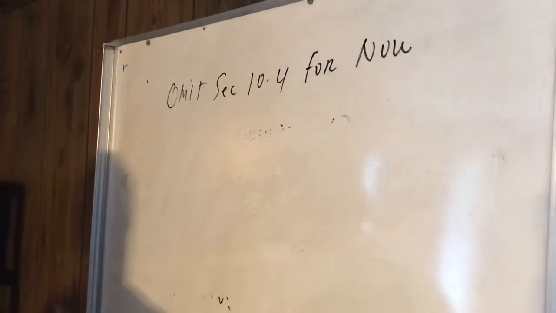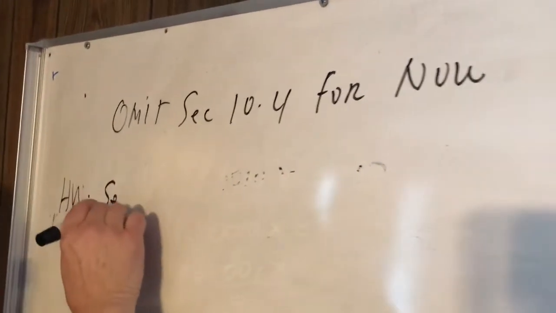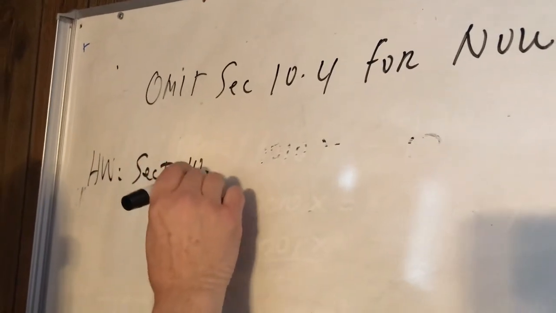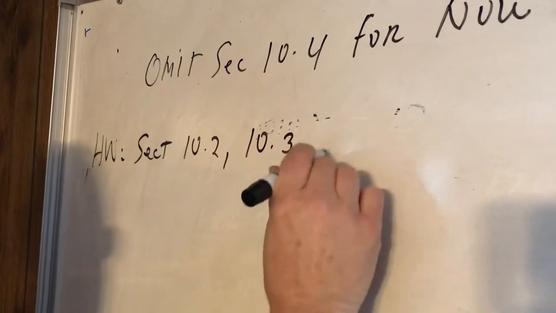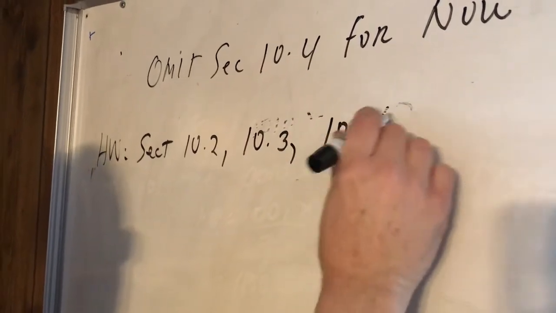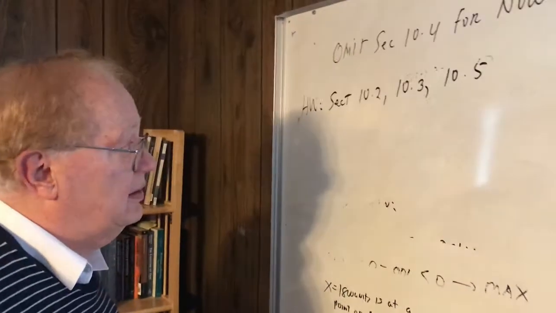So for your homework, you're going to do Section 10.2, which you should have done before, 10.3, and 10.5. You should have that homework. I gave it to you before.